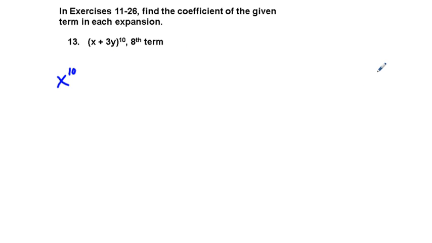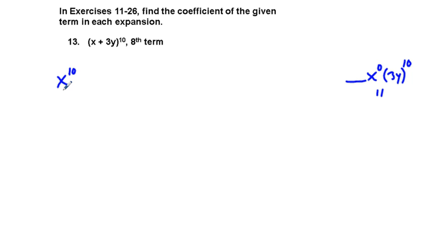From the right side, we're going to have x to the 0 power, and then we're going to have 3y to the 10th power, and some coefficient out front. So this is going to be our term number 11. Now, how do I know that?